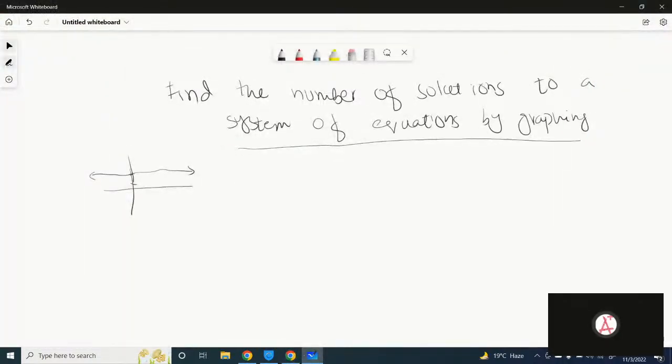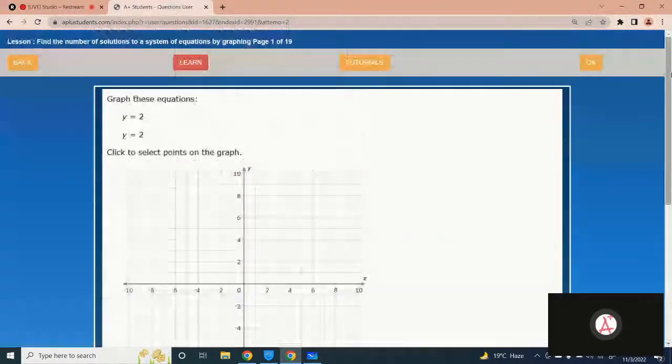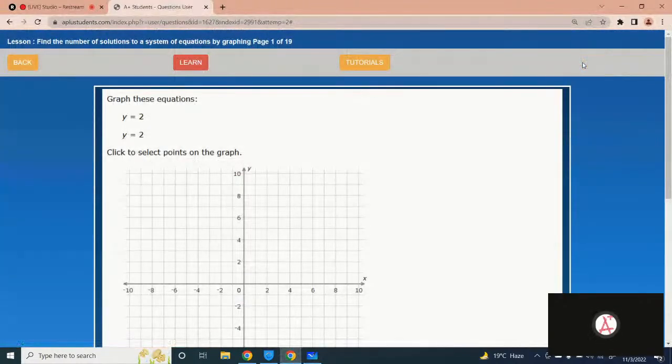So when you plot both the equations, they are exactly the same. Now you have to plot the graph collectively. So one of them has this solution and the other one has the same solution. That means you have two lines on top of each other, so the system has infinitely many solutions. So the correct option is that the system has infinitely many solutions. If the equations are identical, that means the system has infinitely many solutions.